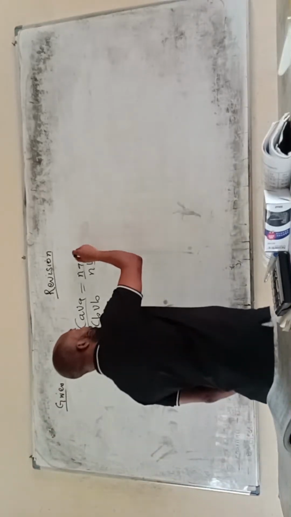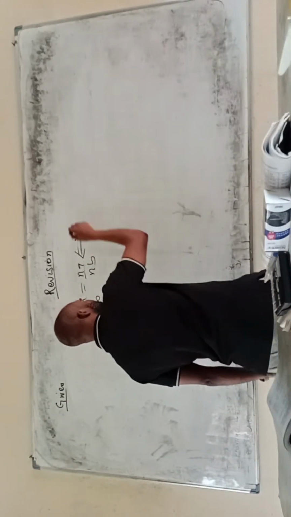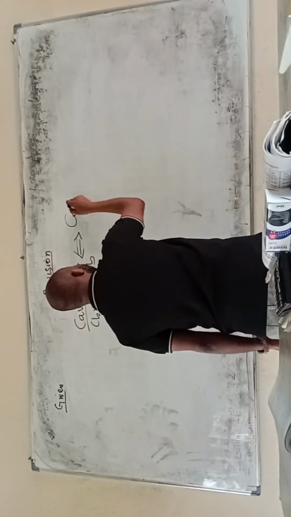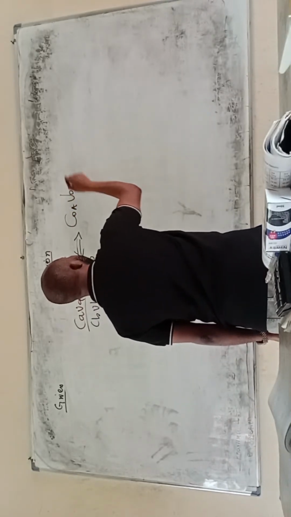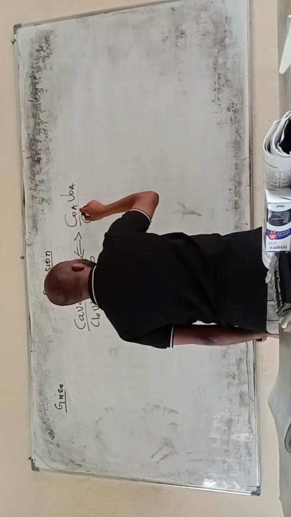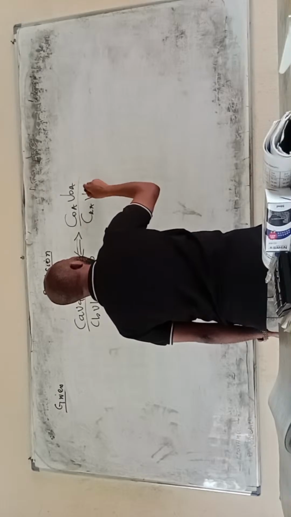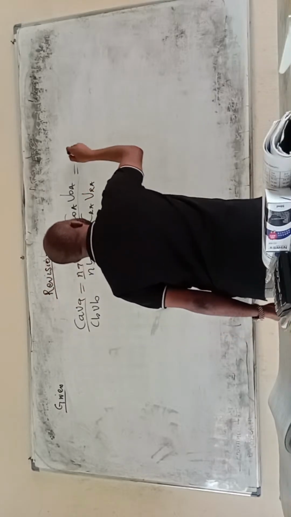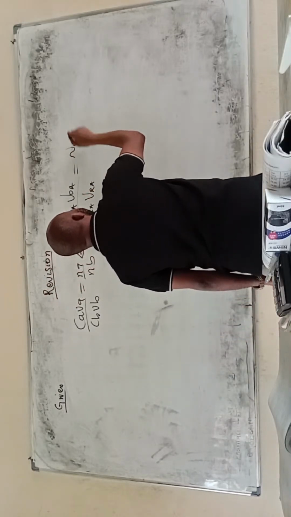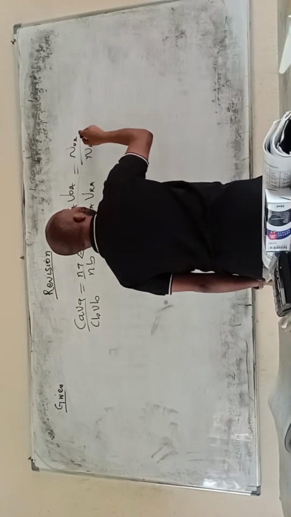But in case of redox, we have concentration of oxidizing agent times volume of oxidizing agent over concentration of reducing agent times volume of reducing agent. This is equal to the number of moles of oxidizing agent over number of moles of reducing agent.